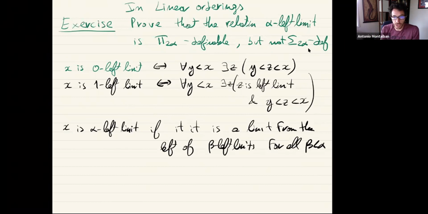Okay, that's a relation on linear orderings. So you're a limit of limits, limit of limit, but I'm just considering always from the left. So the exercise is to show that these relations are pi 2 alpha, but not sigma 2 alpha. Pi 2 alpha, you just need to find the definition; not sigma 2 alpha, you need to use the back and forth relations.